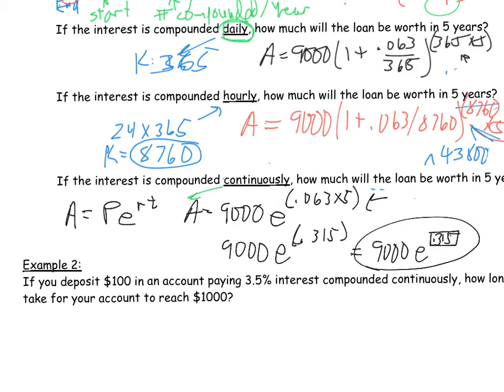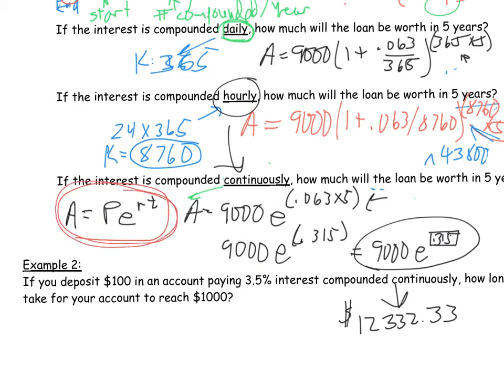Using that e to the x button, it is 12,332.33 in this case. So it only goes up a penny when you go from hourly to continuously. So compounded continuously isn't that much of a big deal, but it is part of the problem. So if it says continuously, use the APERT formula. If it's hourly, daily, monthly, whatever it is, then you're going to use the formula that we've used earlier in the other three problems.